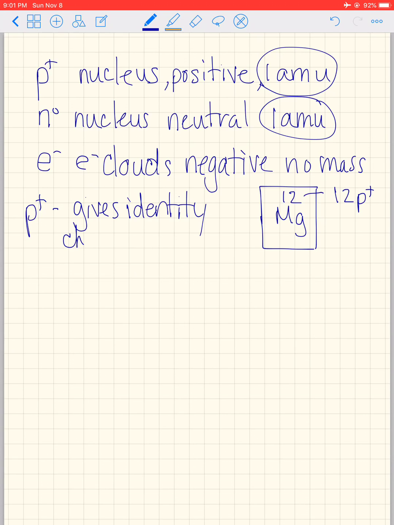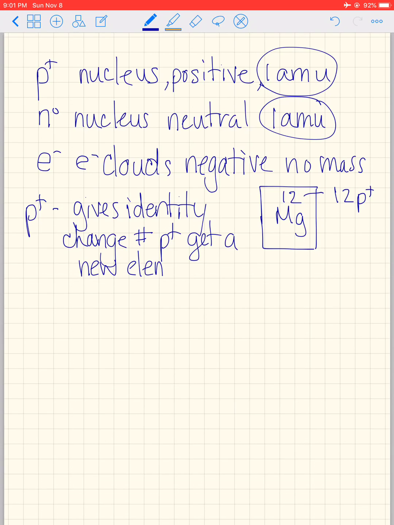If I change the number of protons, and that's the symbol I use for number. I know you guys are used to that as hashtag, but originally it was meant as number, and that's how I'm going to use it. If you change the number of protons, you get a new element or a different element.